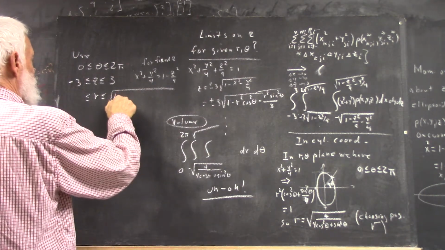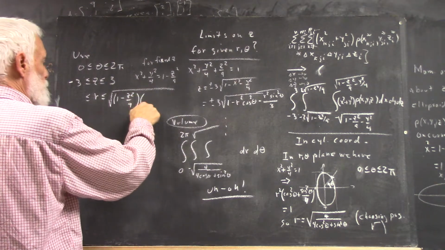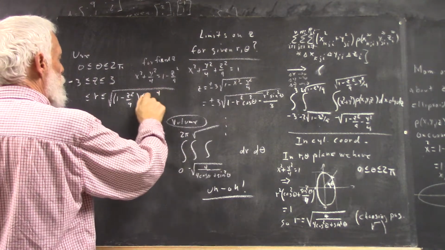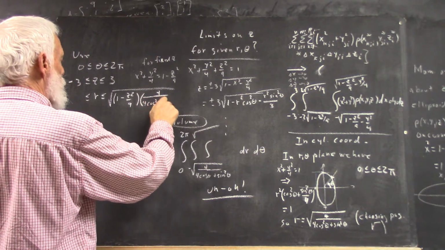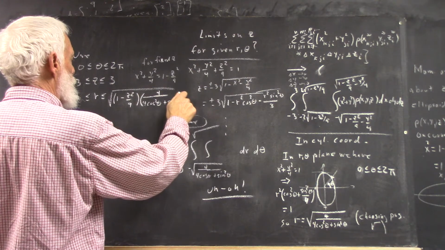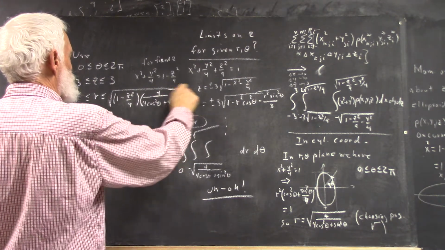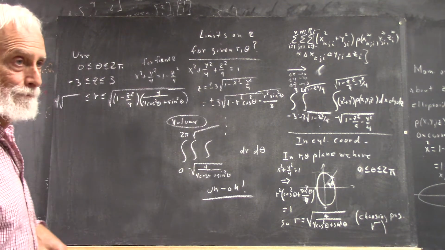And I'm not even going to double check this, but I'm pretty sure it's right. This and then negative the square root.